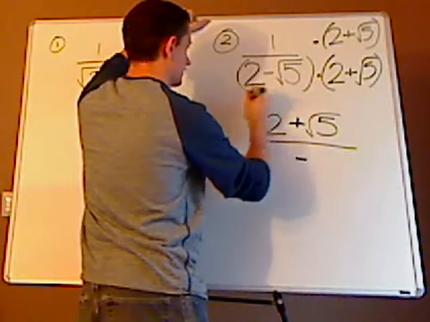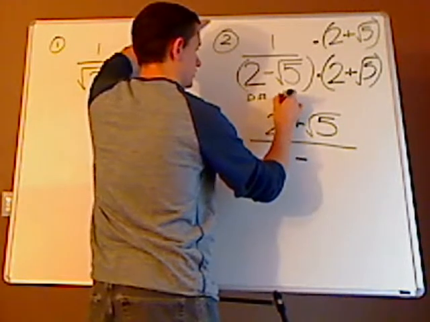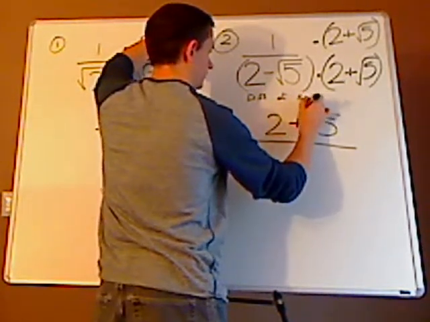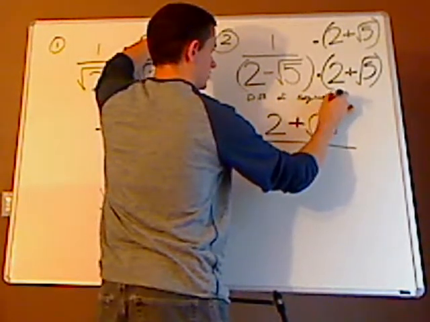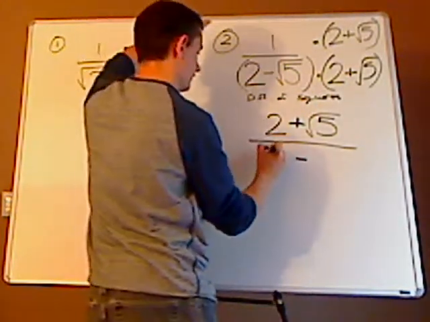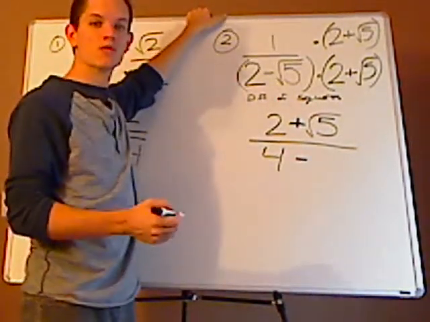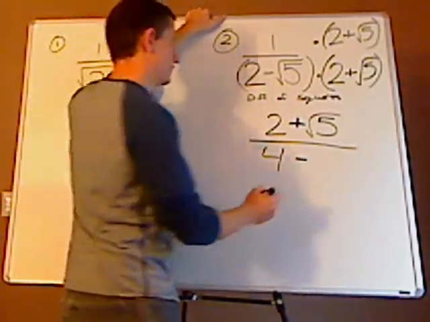And you're allowed to do that because of what's called difference of squares. I'm going to write that down. Alright, so it's going to be 2 squared, which is 4. And then you have the square root of 5 squared, which is, yes, it's just 5.